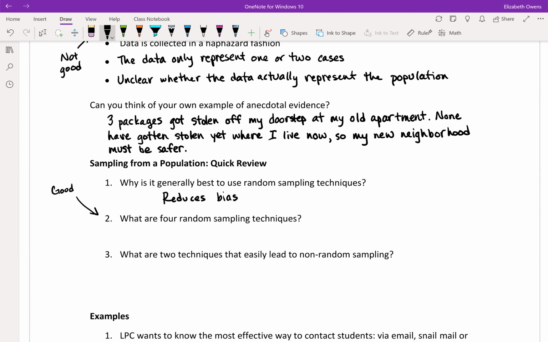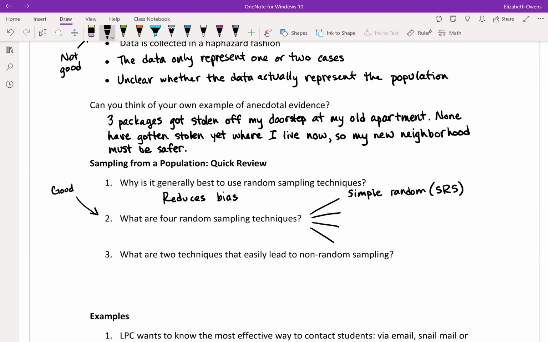Okay, let's review our 4 random sampling techniques that we've seen. All right, first one, we'll start with the simplest, which is simple random sampling. Okay, and that was just where you would generate random numbers that would select random individuals from the overall population.